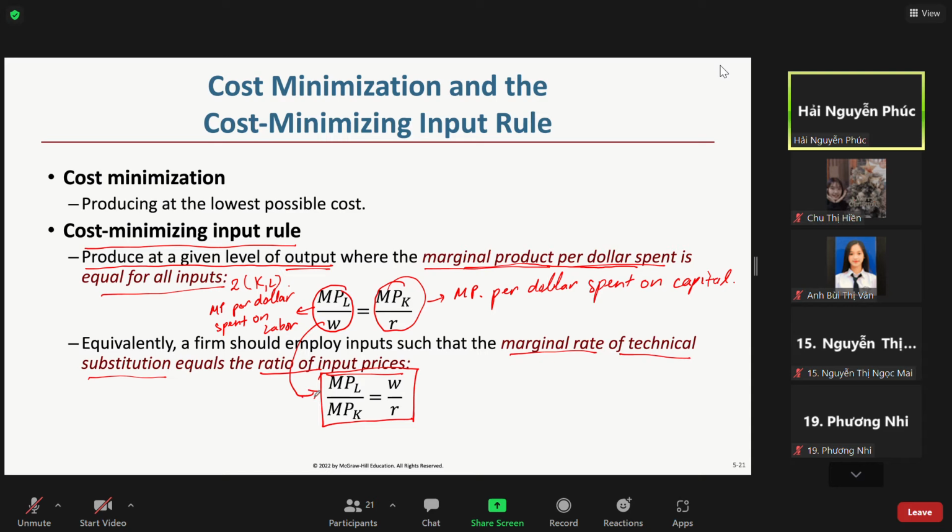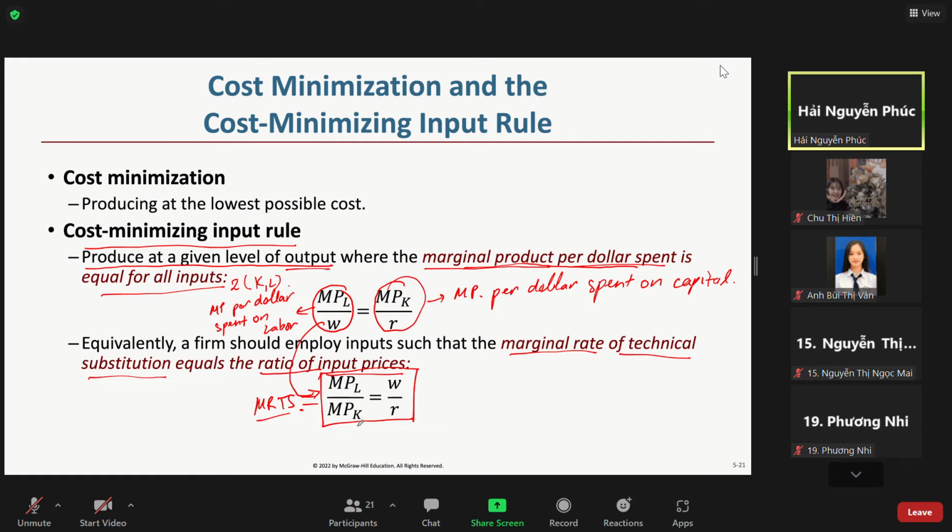We know that MPL divided by MPK is the slope of the isoquant. It is the MRTS. So MRTS should be equal to the wage rate divided by the rental rate, right?